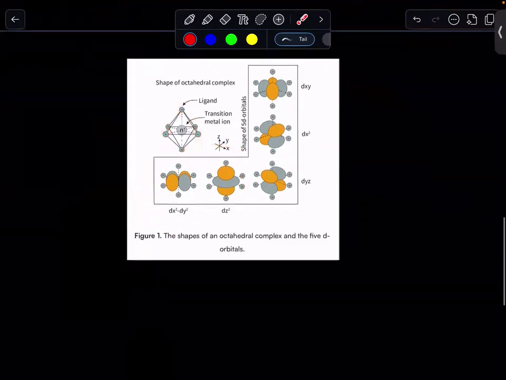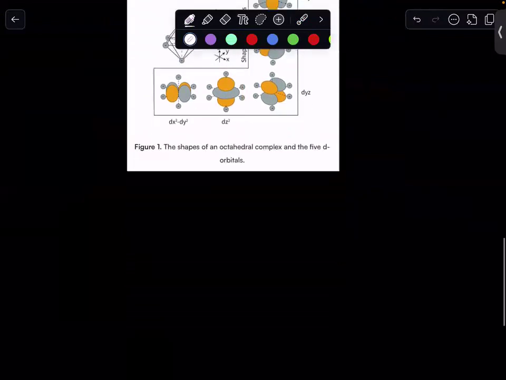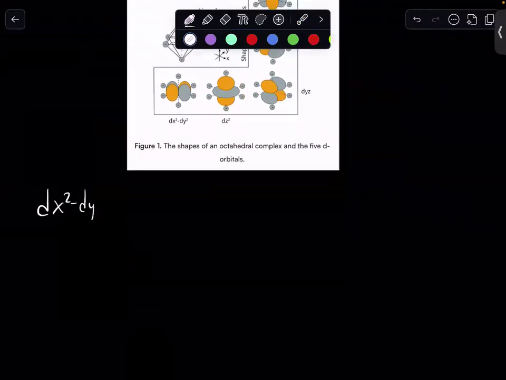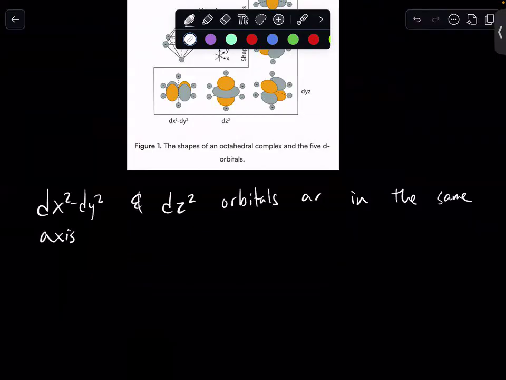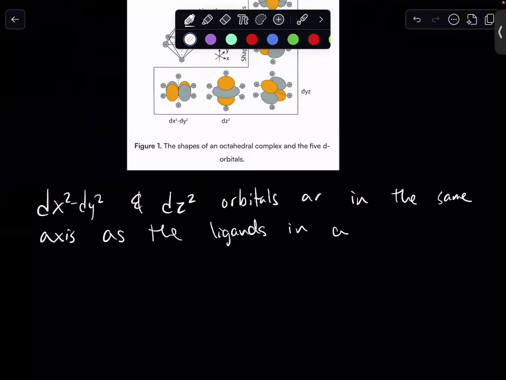So this is a secret to colored complexes. Specifically, our dx squared minus y squared and dz squared orbitals are in the same axes as the ligands in an octahedral complex.